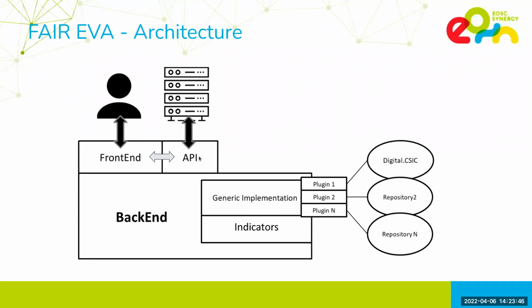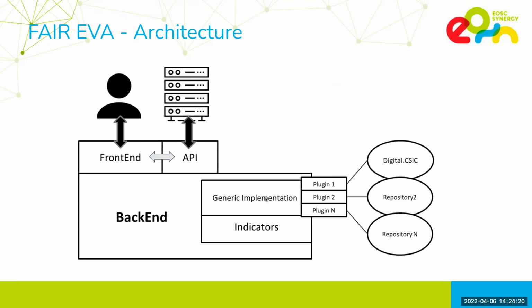So we are automatically making a request, and we will get an answer that will be translated into a fancy view for the user to see if they have achieved the fairness goals. We have different services running, the web interface and the API, which communicate between them. And on the back end, we implement different indicators at technical level.